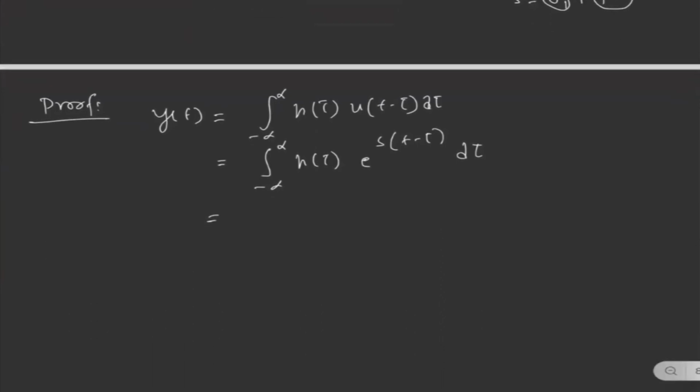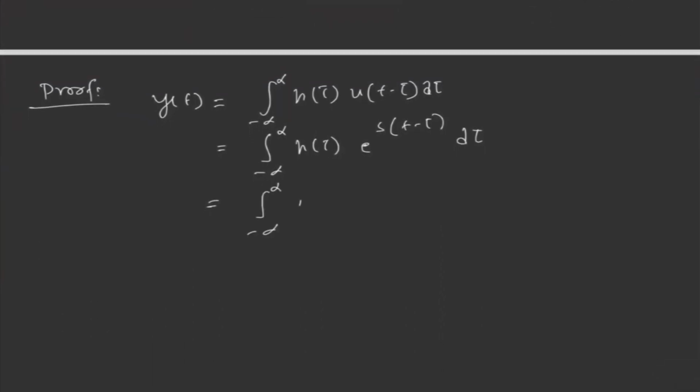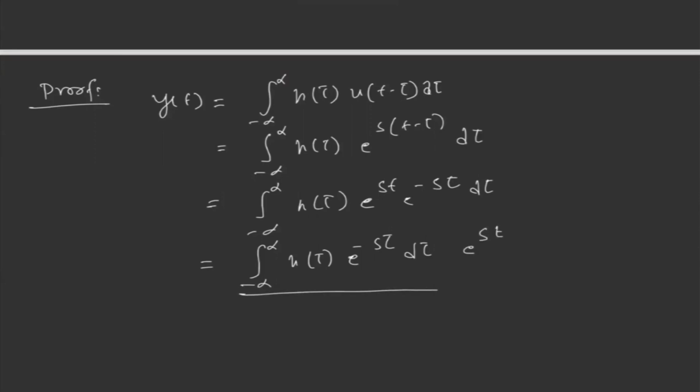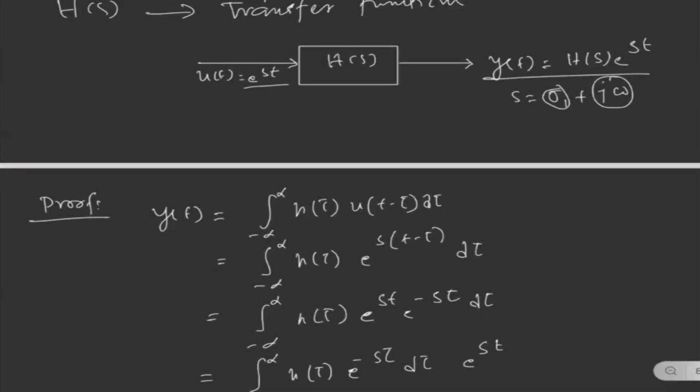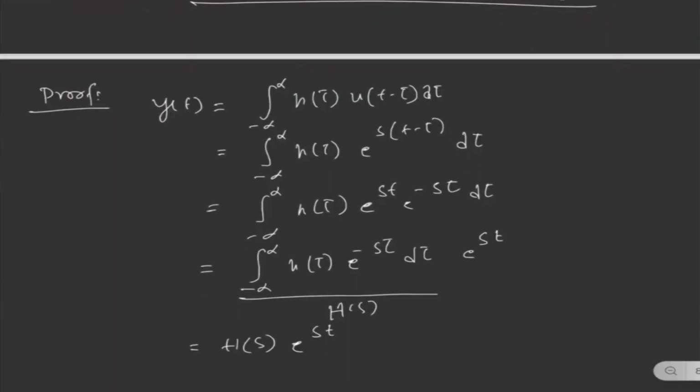Further, this is the integral of h(tau) e to the power st e to the power minus s tau d tau, or the integral of h(tau) e to the power minus s tau d tau, times e to the power st. This is nothing but our H(s), so we can write H(s) e to the power st. The same expression we get from this proof.